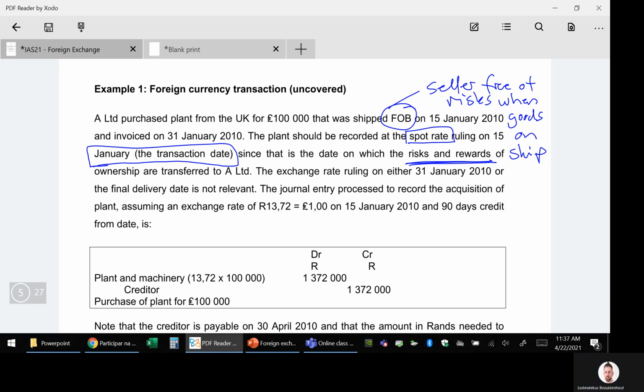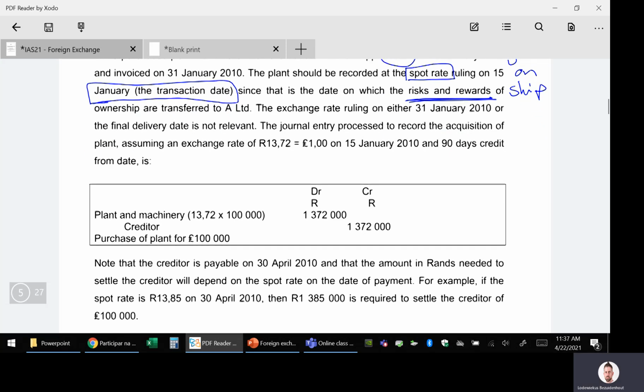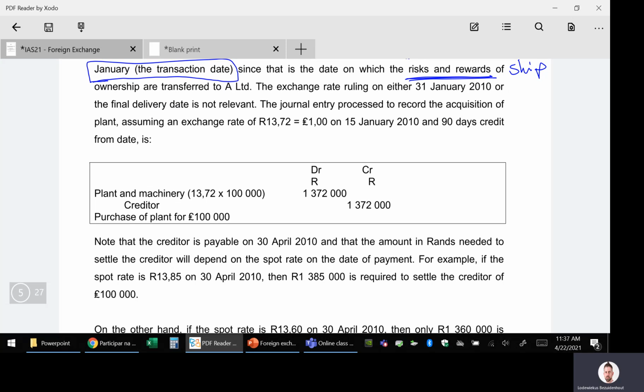The journal we will process for the acquisition of the plant, assuming that the exchange rate is 13 Rand 72 for each pound on the 15th of January, is the following. So remember, we can also say 1 pound is 13 Rand 72.